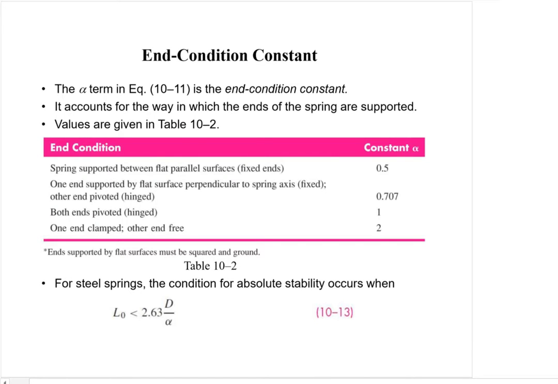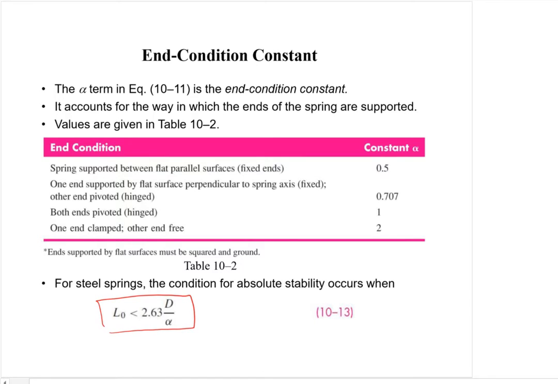We also have the end condition constant. This is just from table 10.2, and it accounts for the way in which the ends of the springs are supported. And this will give you the condition for absolute stability.